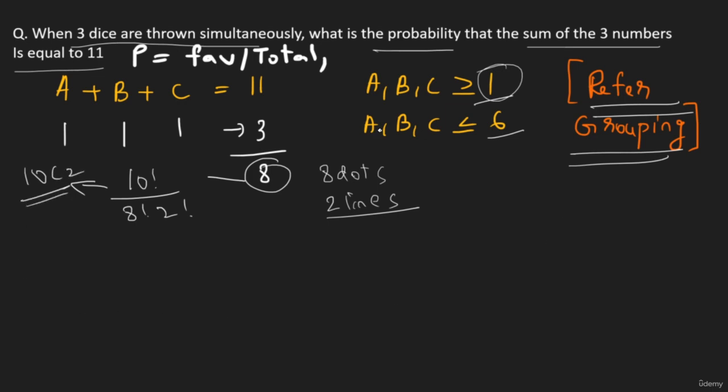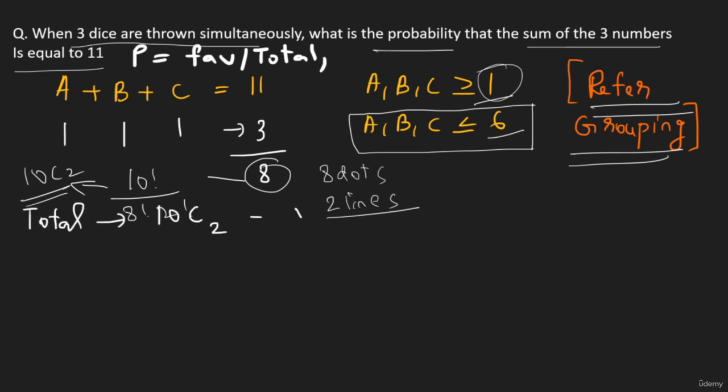Now, over here, we have an upper limit also. So to find the answer, we need to find 10C2 minus the violations, right? What are the violations? The violations are obtained when any value gets a value greater than 6.